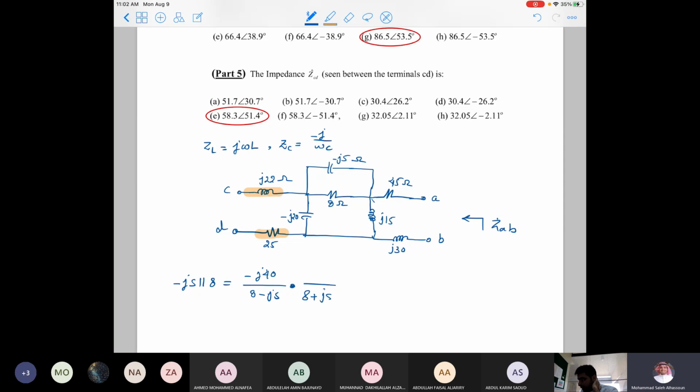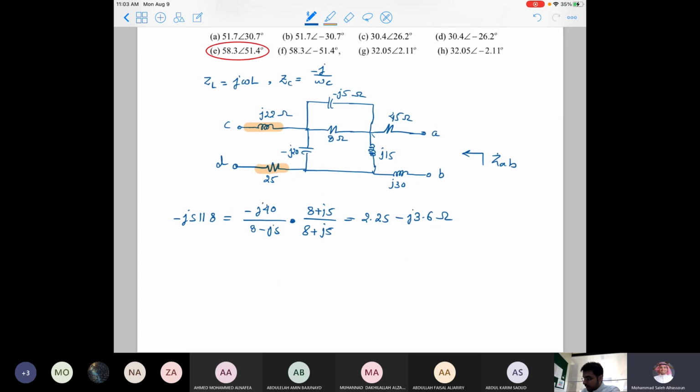Again, here I don't have a calculator, but if you have a calculator, you can simply ignore this step and move directly to this result, 2.25 minus J2.6. So now what I have is the parallel combination of these two resistors. So let me draw it this way.